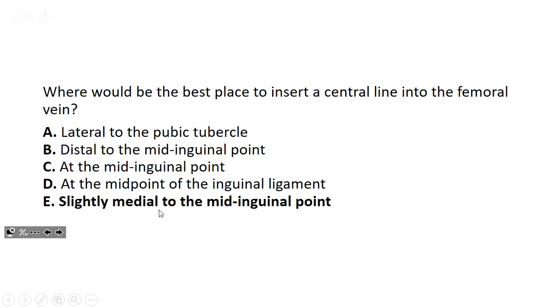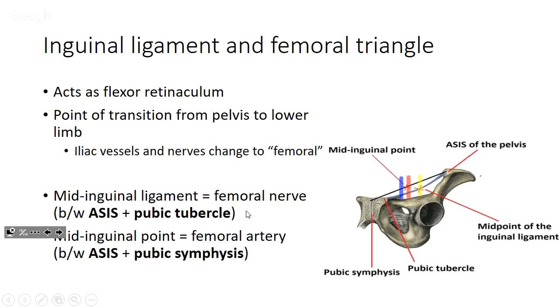So in this case, medial to the mid-inguinal point means slightly medial to the femoral artery. So if you remember NAVEL, from lateral to medial: nerve, artery, vein, empty space, and then your lacunar ligament. So just remember that.